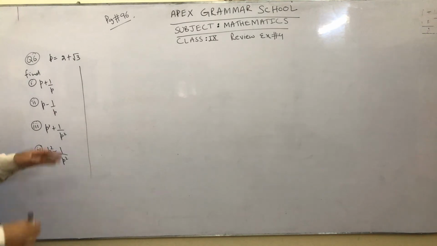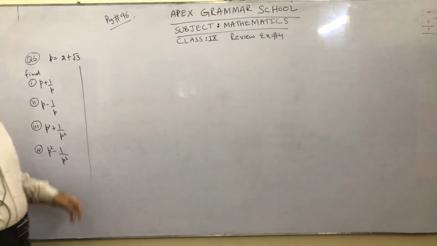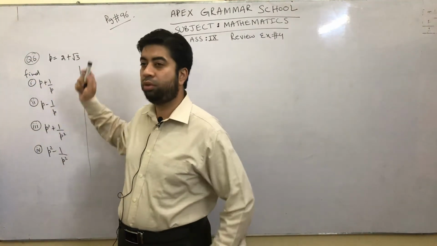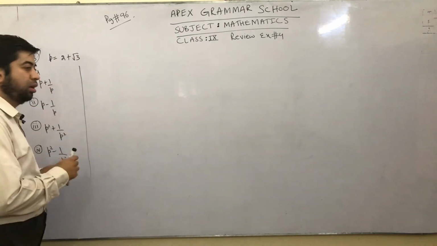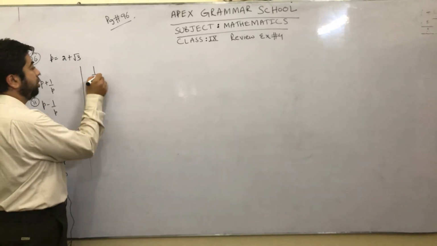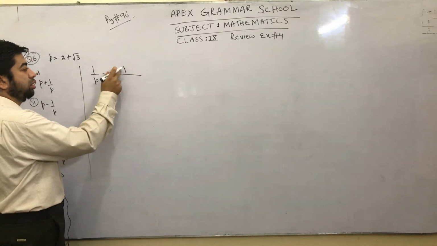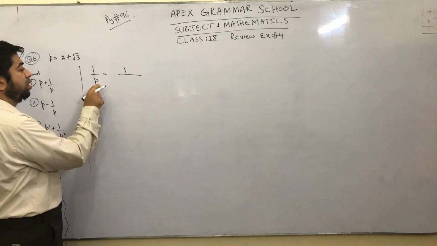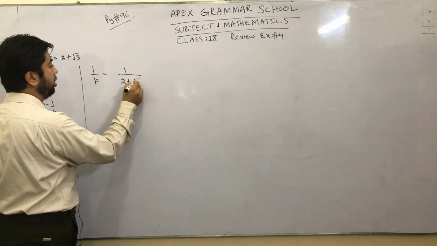In the first part, you have to add p and 1 over p. You have the value of p that is given, 2 plus square root 3, but you don't have the value of 1 over p. So to find 1 over p, we will write 1, and for p you have to put the value of p, that is 2 plus square root 3.